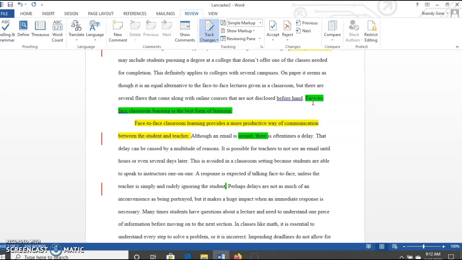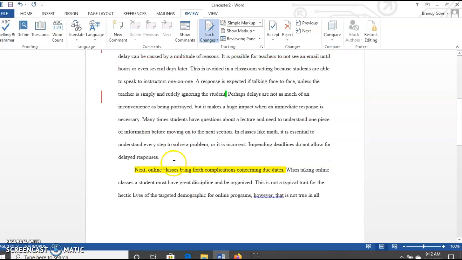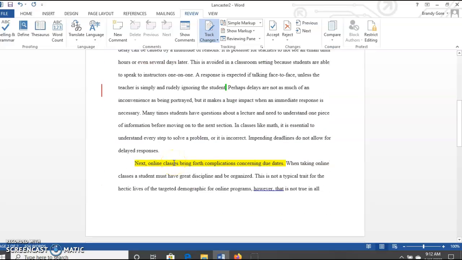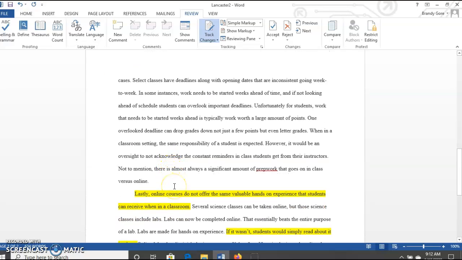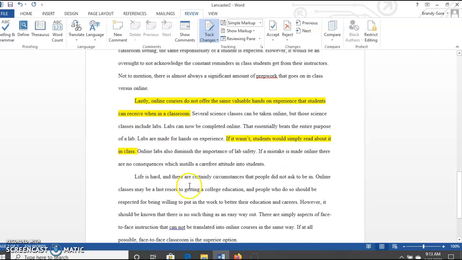And then your paragraphs should be focused and start with topic sentences that set up the whole point of the paragraph. These topic sentences, by the way, also can relate directly back to the thesis. Face-to-face classroom learning provides a more productive way of communication between the student and teacher. Next, online classes bring forth complications concerning due dates. And lastly, online courses do not offer the same valuable hands-on experience that students can receive when in a classroom.